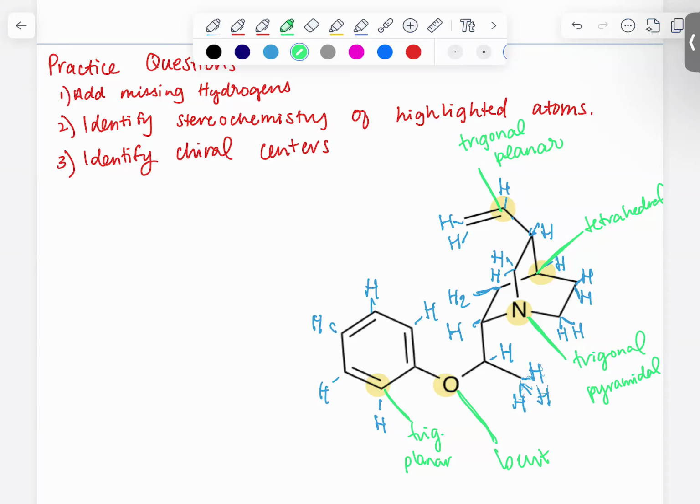If you have multiple double bonds, you got something else going on. Tetrahedral is 4 bonds. Trigonal pyramidal is 3 bonds, 1 lone pair. Rings. Yes, it is.